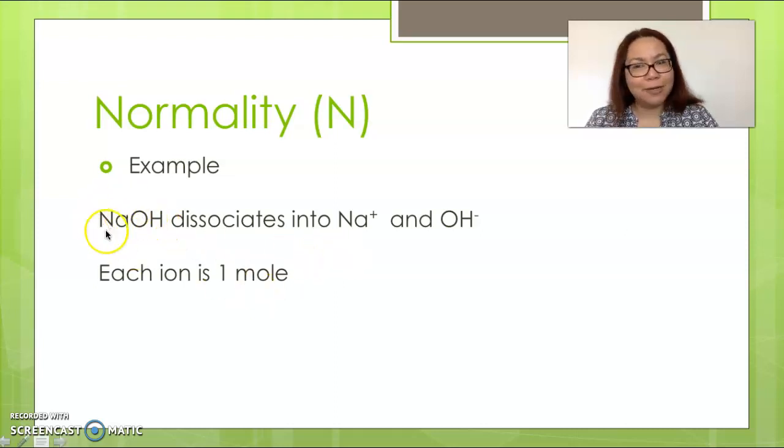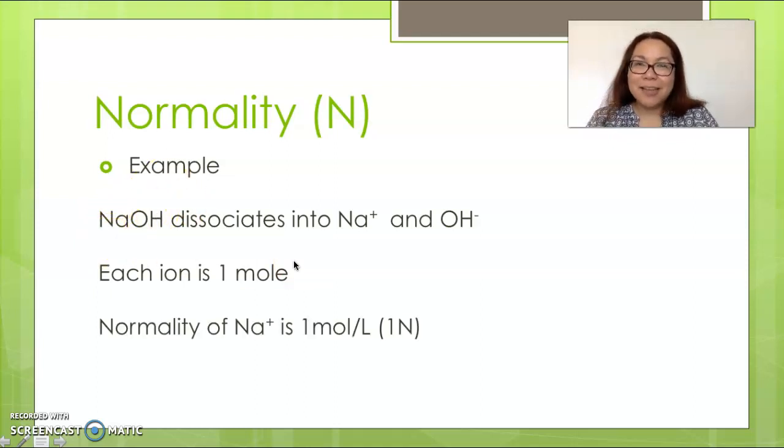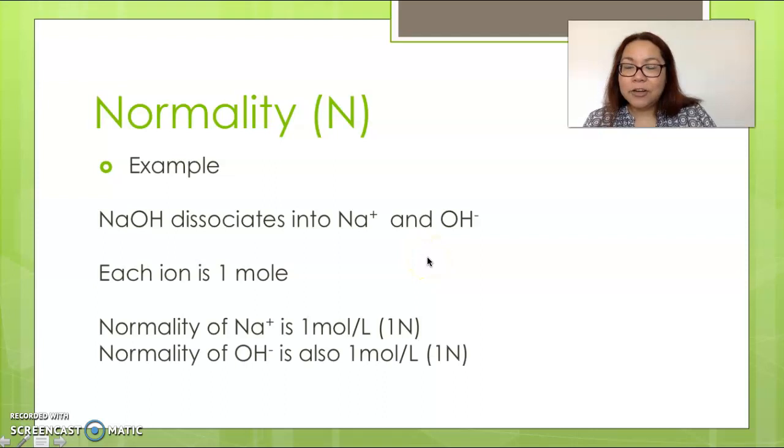Because there's only one sodium ion that forms for every 1 hydroxide ion. Therefore, the normality of sodium ion is 1 mole per liter, and it is represented by the capital N. And the normality of the hydroxide is 1 mole per liter. So we are going to take into account how many ions there are that make up that compound.